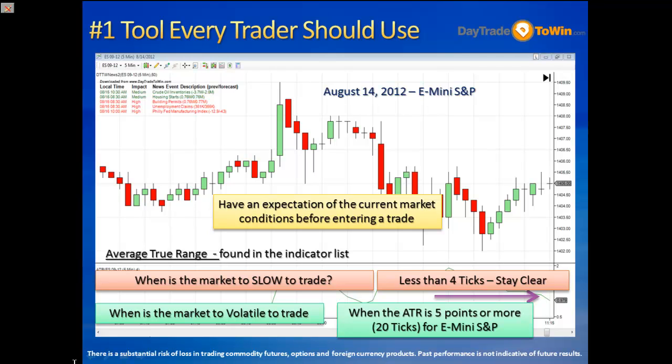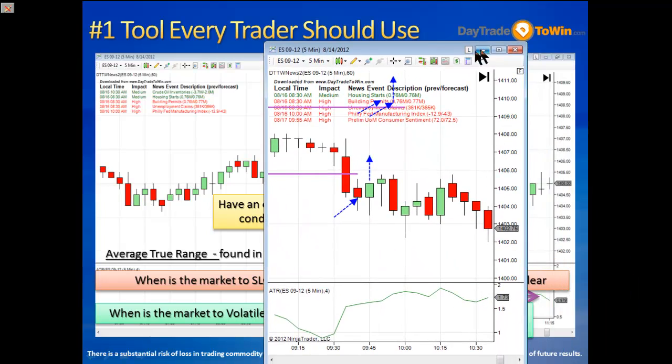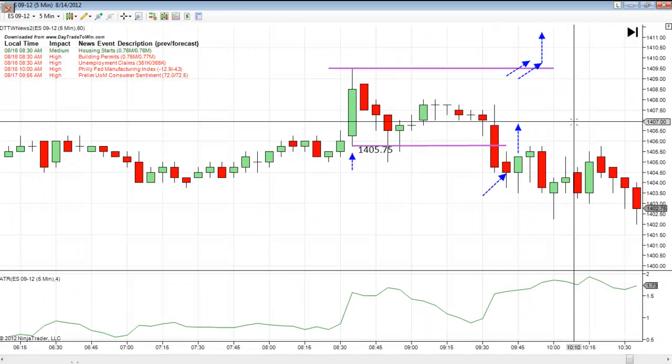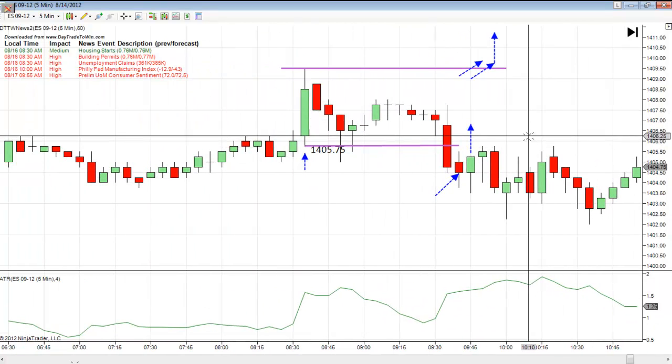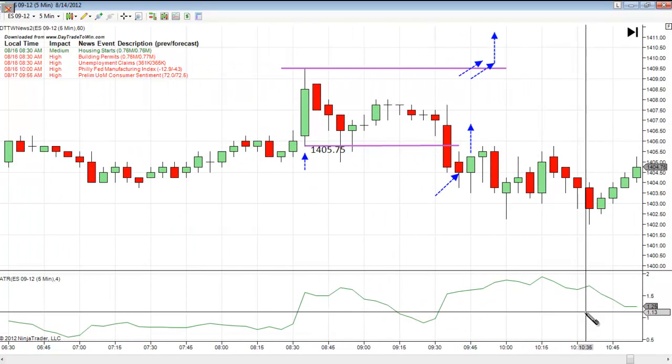Okay, if you have a 2-point stop and the ATR is at 2 points, the likelihood of the market moving up and down, here, let me show you. The likelihood of the market moving up and down here, let's say we take this example.